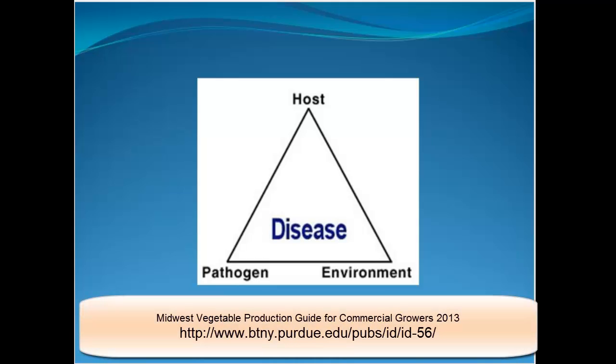Jeff, we did get the link posted. Okay, that sounds good. Yeah, for those of you, and that's good, she put up the one where it's free. I like that. For those of you that have not seen that guide, that commercial vegetable production guide, it's a co-op publication between several states. It's a very good publication, and if you are considering beginning a commercial vegetable enterprise, it is very good.